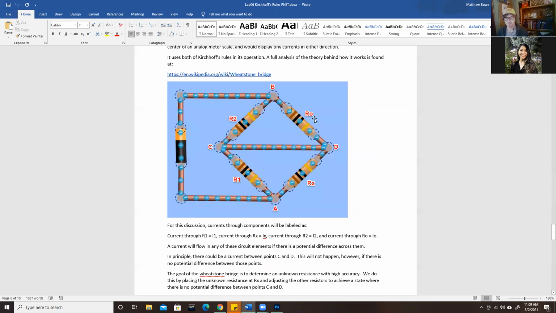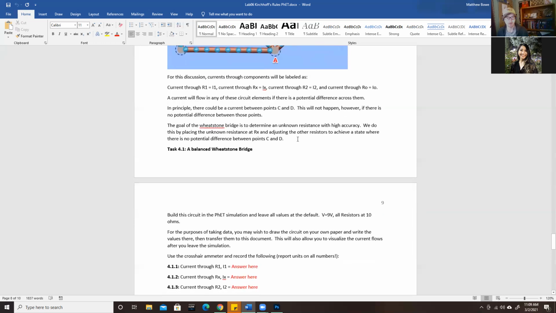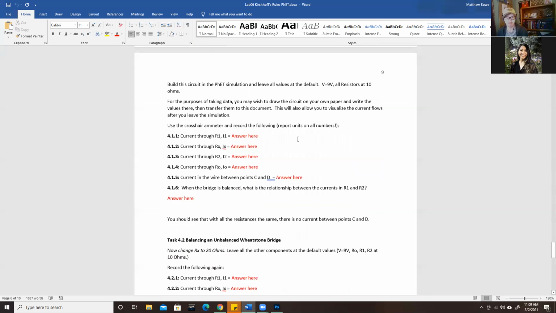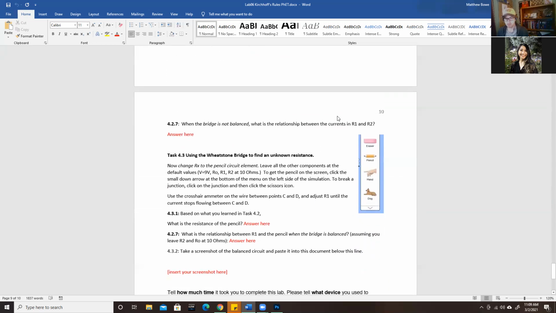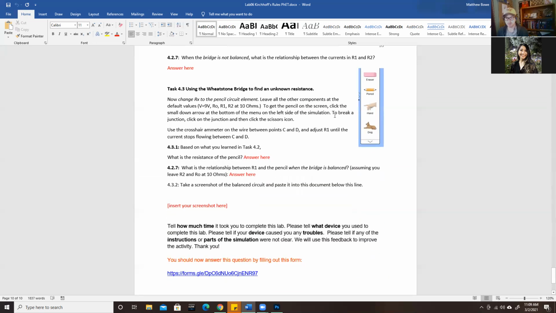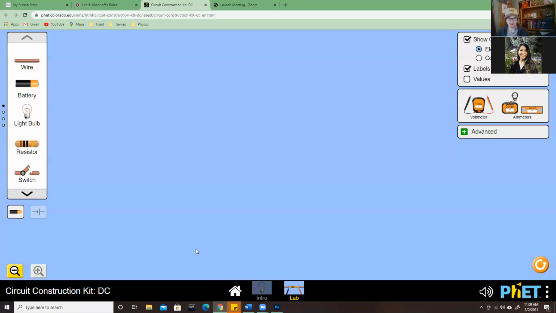This would be difficult if you just had to calculate. I think we're just measuring this one. Otherwise, at the very end, we're going to be doing some unknown resistors, and it'll tell you how to get there.